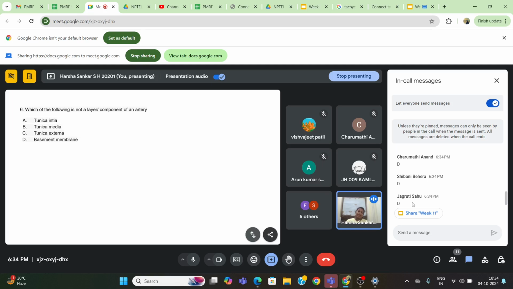Okay, everyone is saying basement membrane is not a part of an artery, isn't it? And all others are part of an artery. The artery will feel sad. The one part that the artery has, you are saying is not a part, and you are making the one which is not a part as a part of the artery.